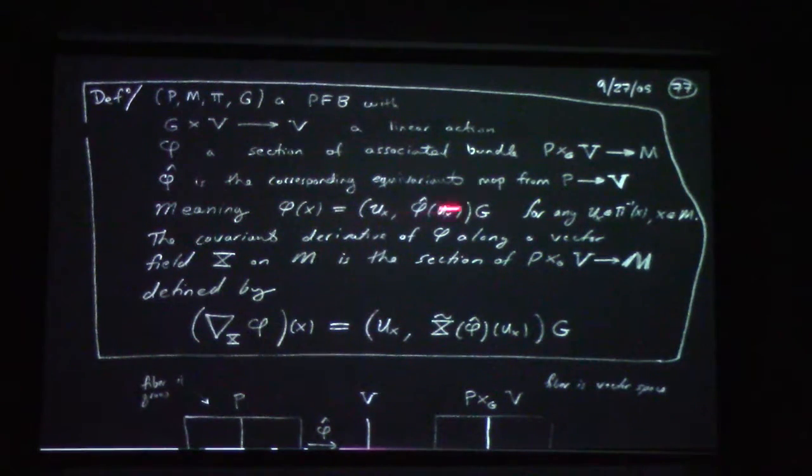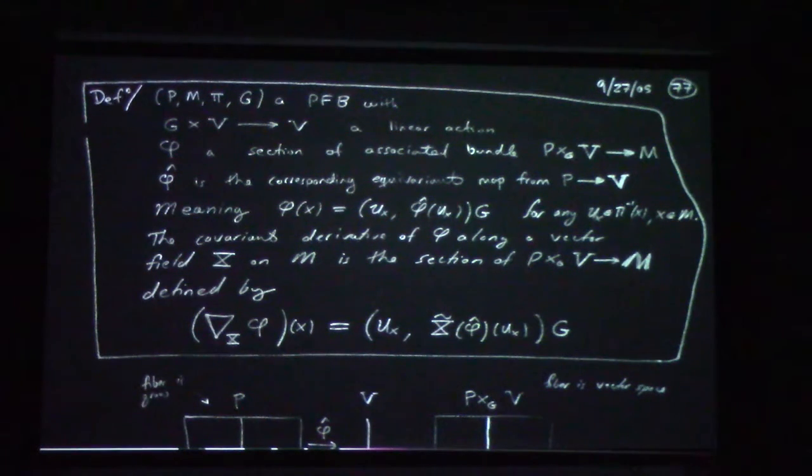Then this corresponding equivariant map phi hat, meaning this, the covariant derivative of phi along a vector field x, is the section of this thing defined as follows. So covariant derivative of the phi map in the x direction at x is the, and this is one of those lifts of the vector field up to the total space, like I was talking about earlier.